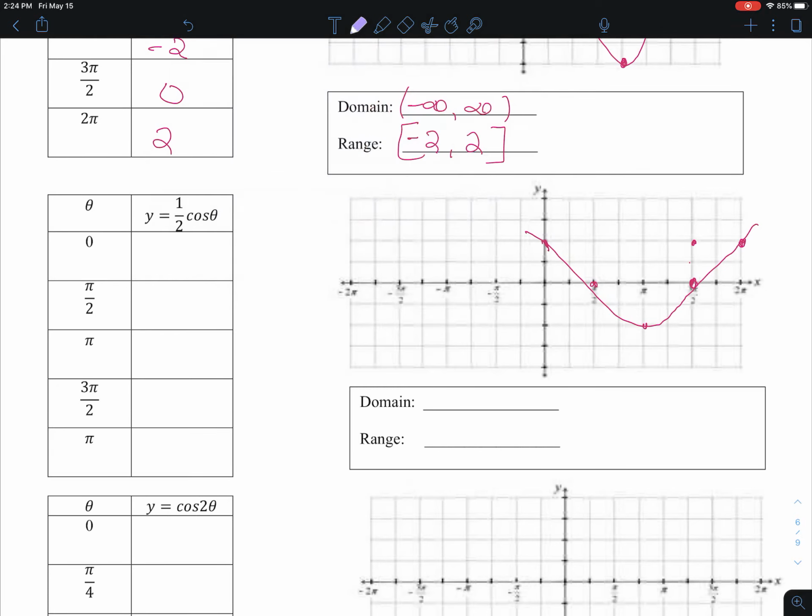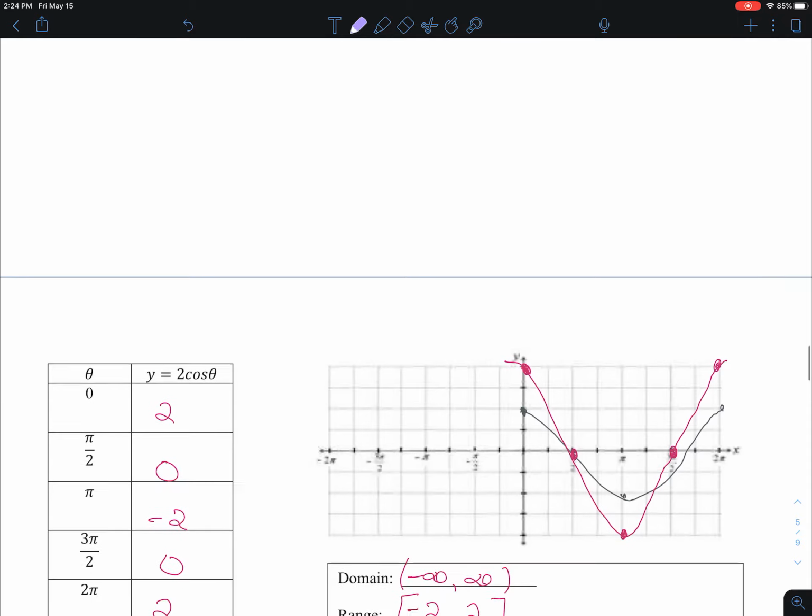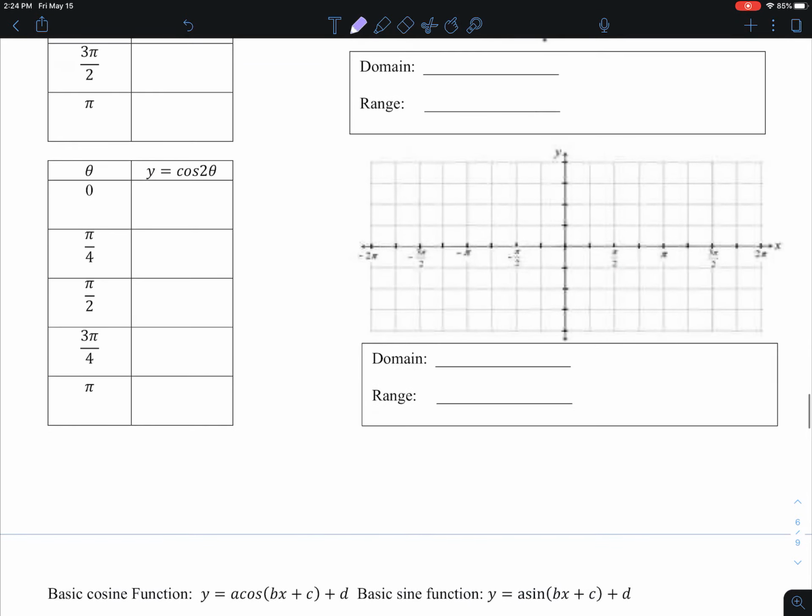Let's get another color, let's say purple, and instead of starting at 1, we would start at a half. We'd go to 0, then to a half, back to 0, and then to a half. So that would look like that. Okay? Because all we did was take the numbers from cosine and multiply by a half.